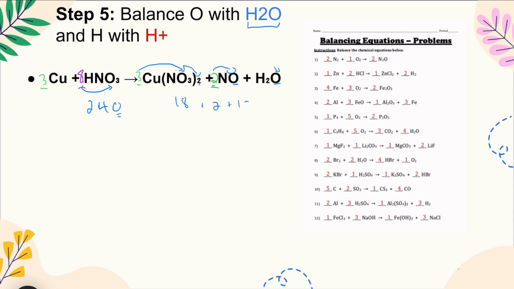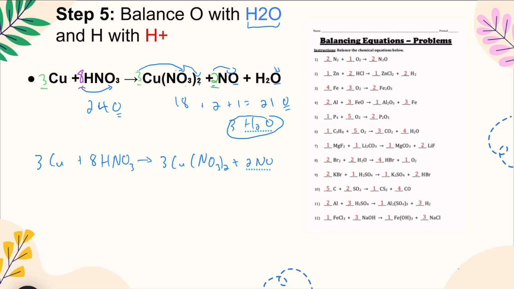That gives me a total of 21 oxygen. So we're going to have to add 3 waters to the product side. If I rewrite this reaction, it'll be 3Cu plus 8HNO3 yields 3Cu(NO3)2 plus 2NO. If I add 3 H2O here, and I already have 1 H2O, I can change that to just 4 H2O, combining like terms.